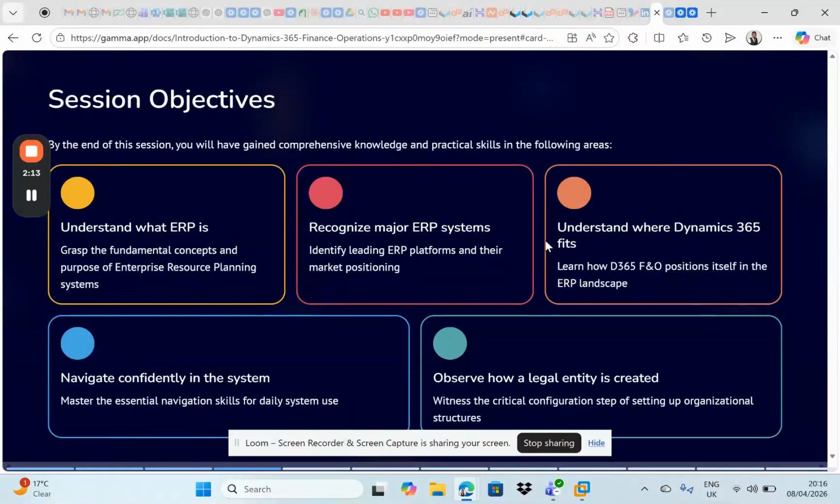We're going to understand them, recognize some major ERP systems, and understand where Dynamics 365 sits among them. And if we have time, we'll navigate the system again, which we did in our previous video, and look at how to create a legal entity. I can't assure you that we'll cover that in this session, but if we don't, we'll do that in the next session.